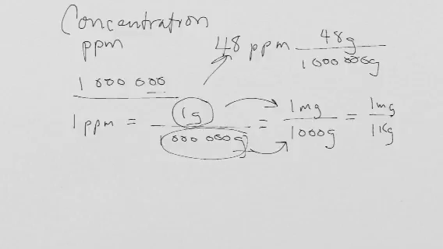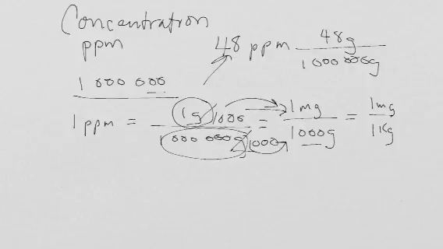It's the same equivalency: you divide this by 1,000, you get this. You divide this by 1,000, you get rid of 3 zeros, you get this. That's where these come from.